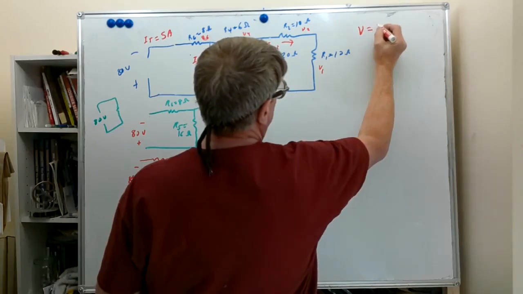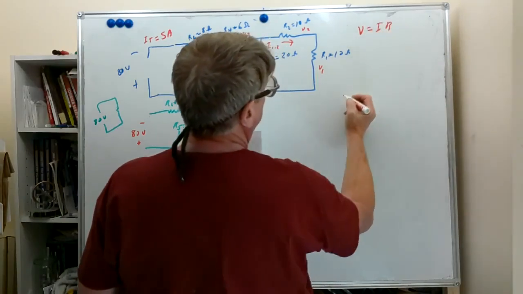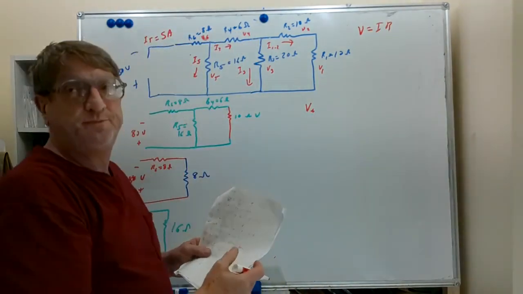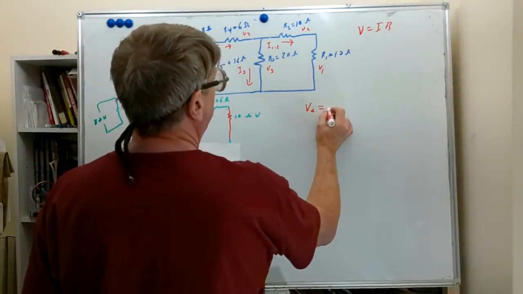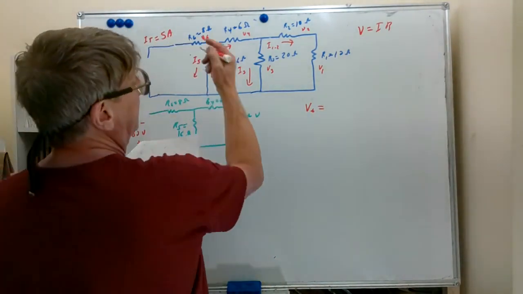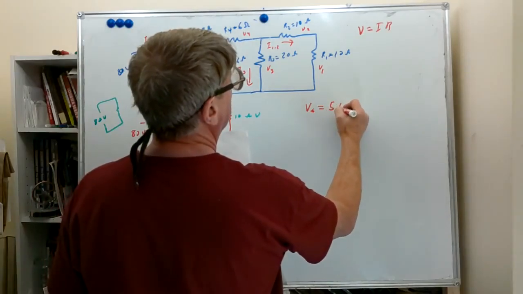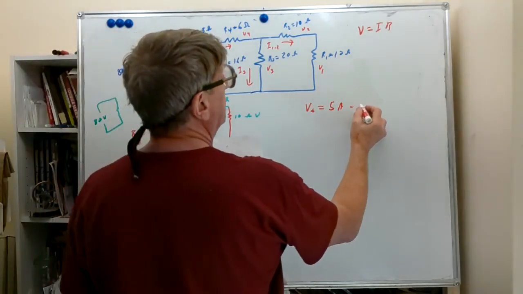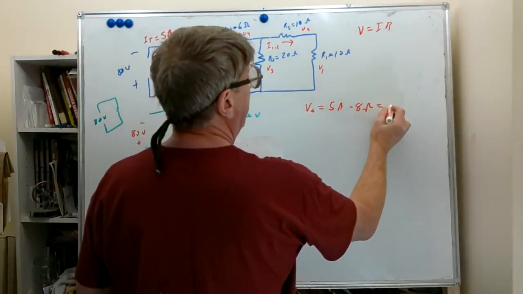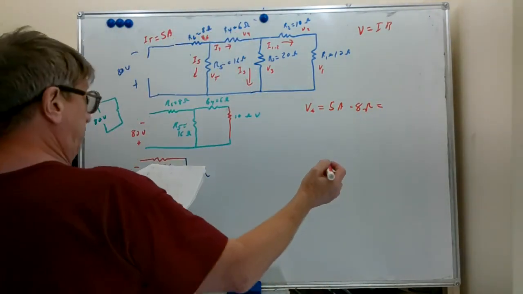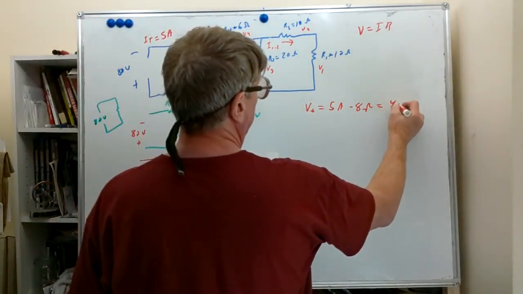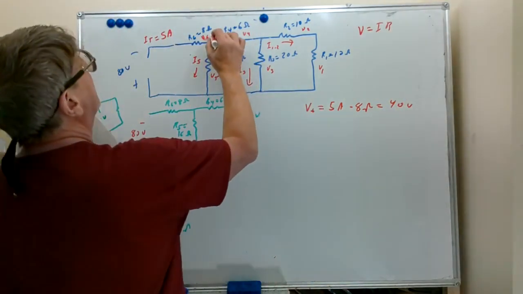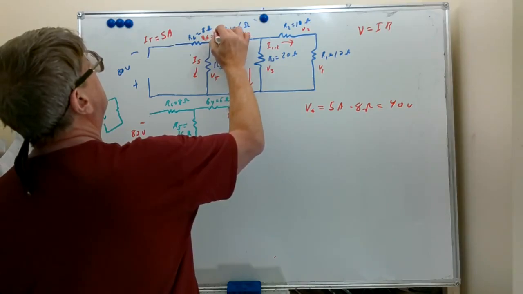V equals IR. So we're going to say that V6 is equal to 5 amps times resistance of R6, which is 8 ohms. And 5 times 8, 40 volts. So let's write that V6 equals 40 volts here.